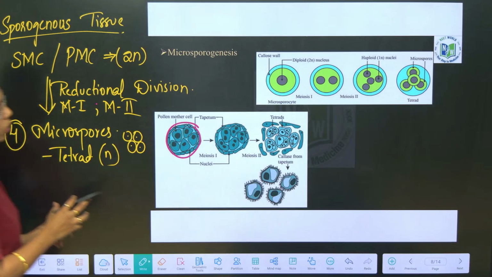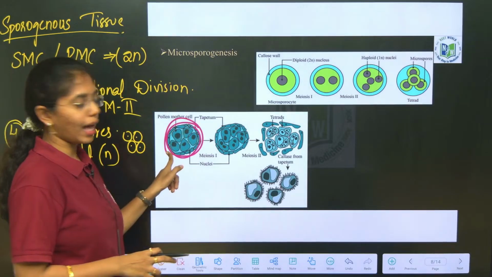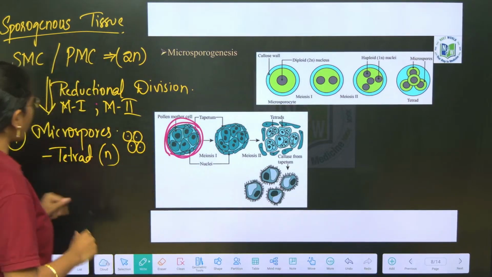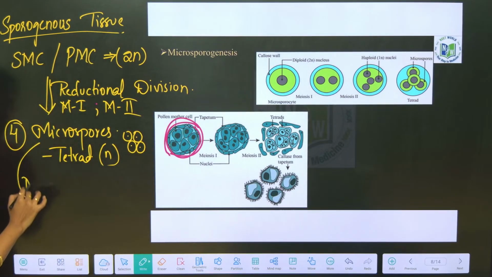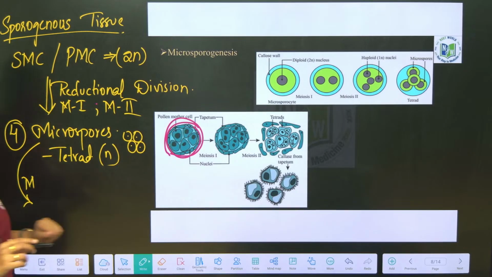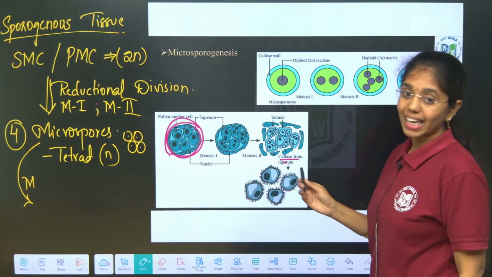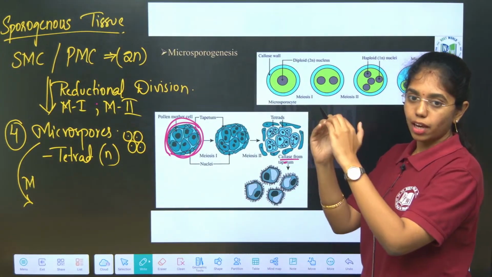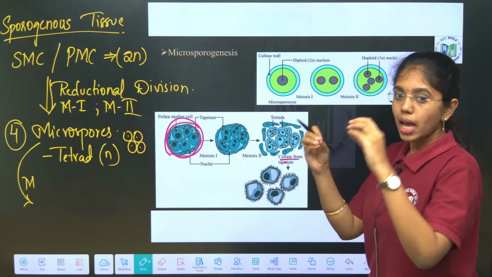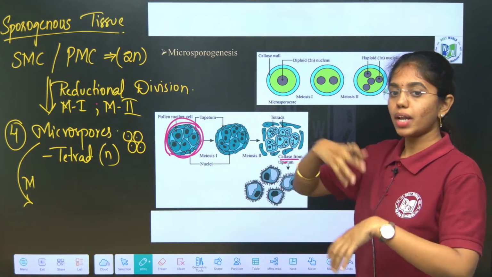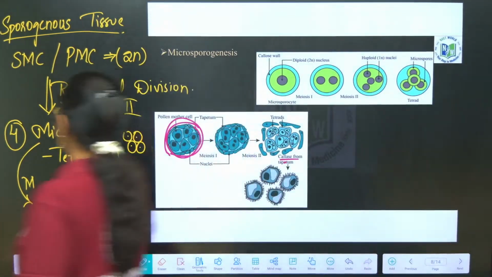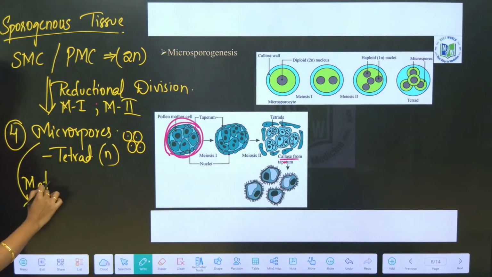All these 4 microspores are present inside the callose wall layer only. Once the microspores mature into pollen grains, the callose wall layer is degenerated by the enzyme callase, and microspores are released out as matured pollen grains.